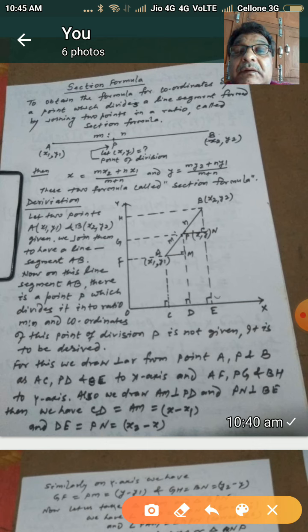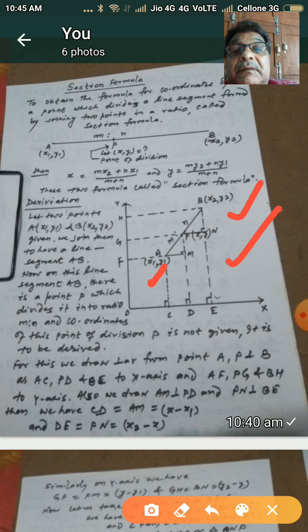So let us consider this figure where you are observing that the coordinate axes, x-axis and y-axis, are drawn, and within this region two points A and B are taken with coordinates (x1, y1) and (x2, y2) respectively.